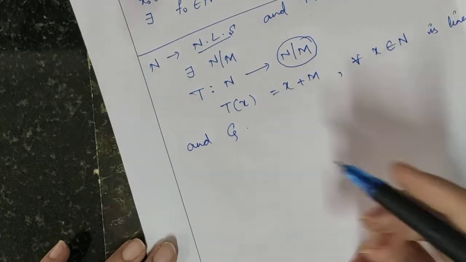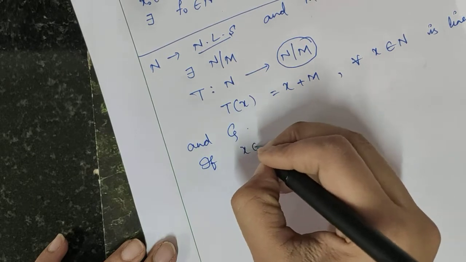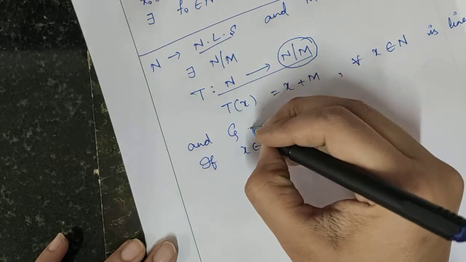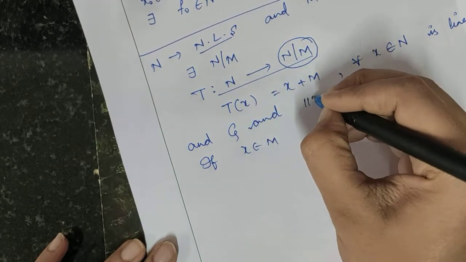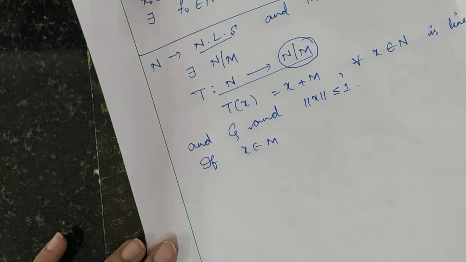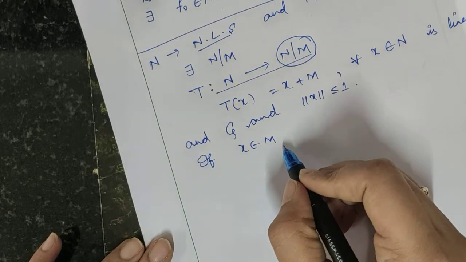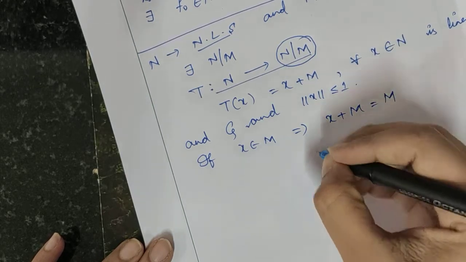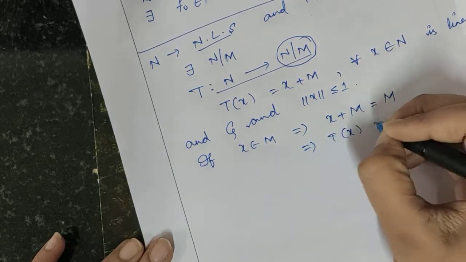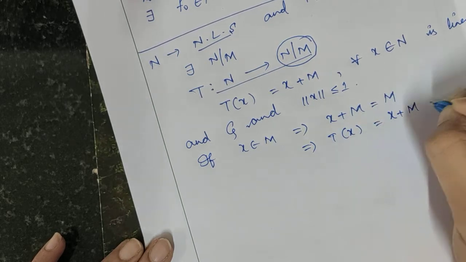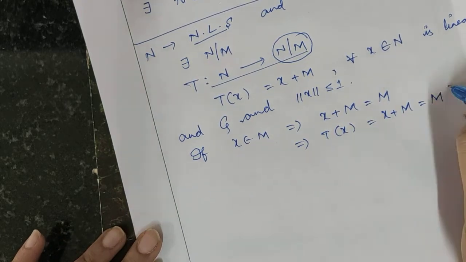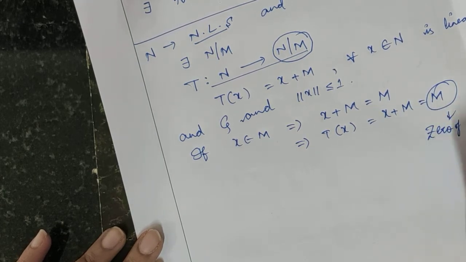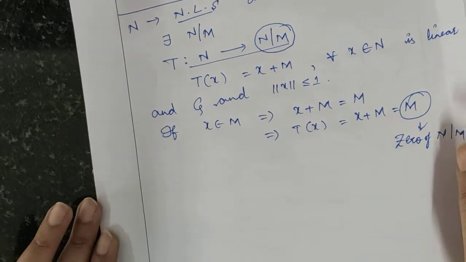Now if x belongs to M, and we know this mapping is linear and continuous, along with that we know one more point: norm T is less than or equal to 1. So if x belongs to M, this implies x plus M is equal to M. So T of x is equal to x plus M, which will be equal to M. What is M? M is the 0 element of the quotient space N by M.